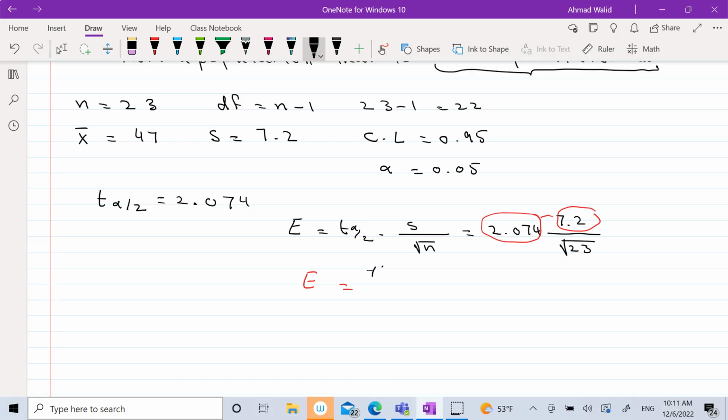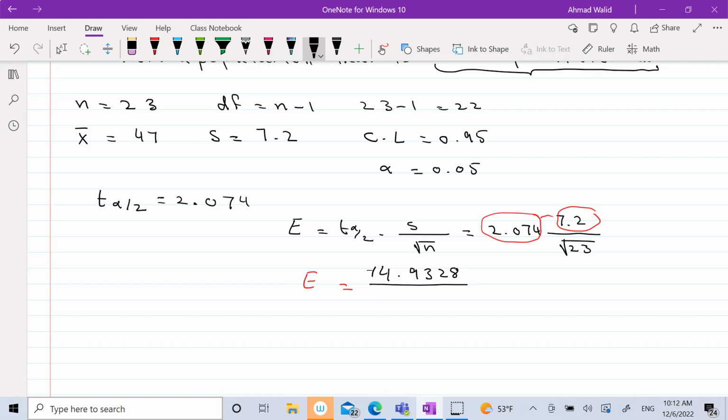Please do not round off. Divide by square root of 23.